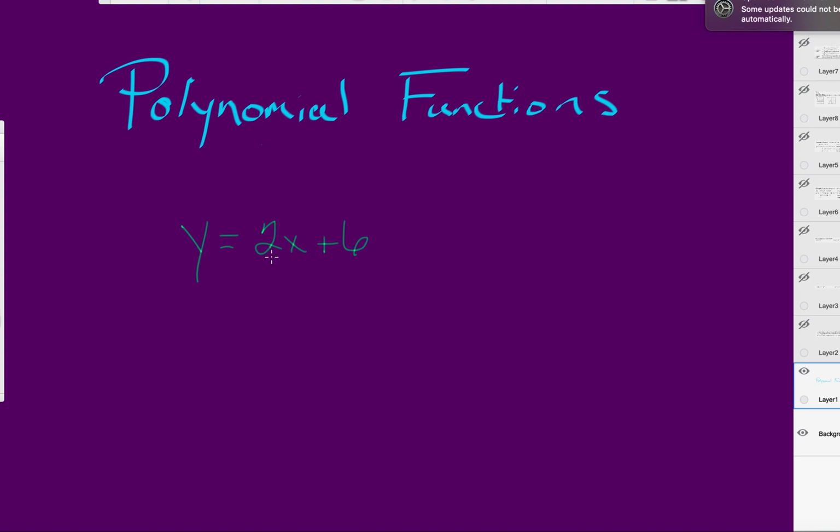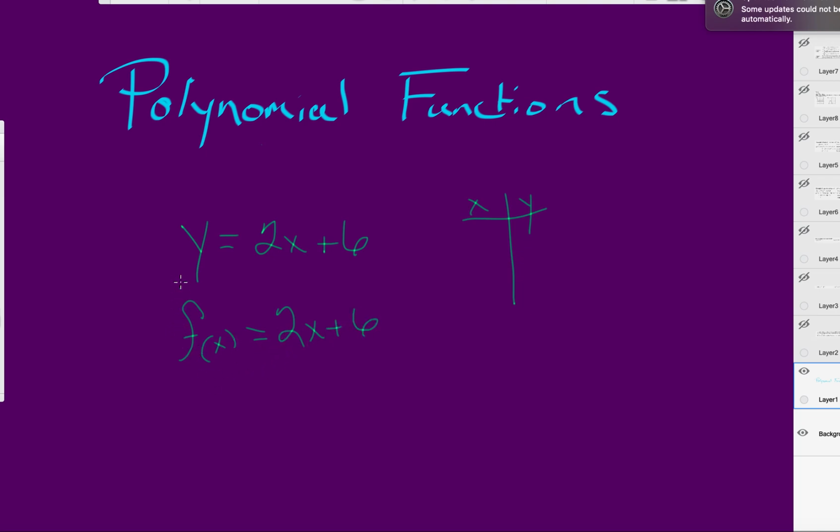You could evaluate this and figure out what y was. So you created those input-output tables, your x-y tables, and that's what a function is. They write it in different ways. They either write it as y equals or f of x equals, and I'll still say 2x plus 6. These are exactly the same thing.